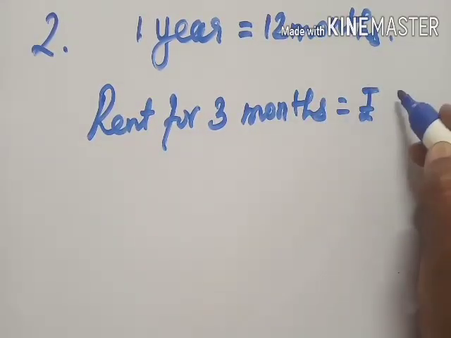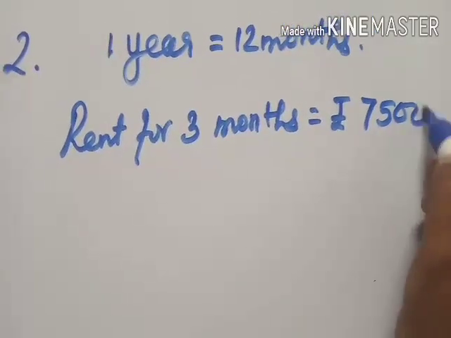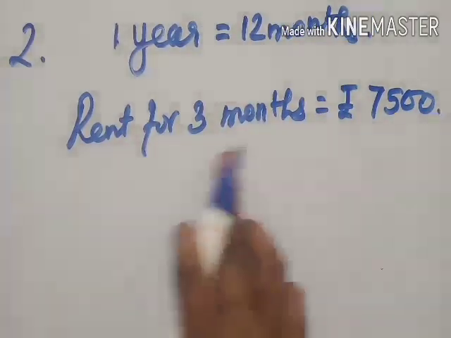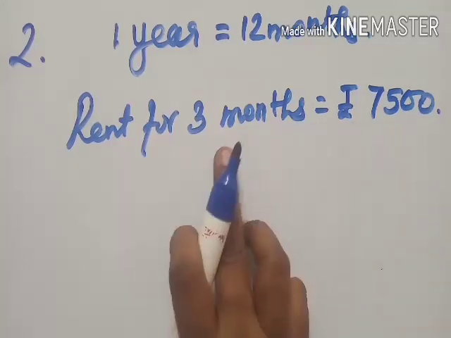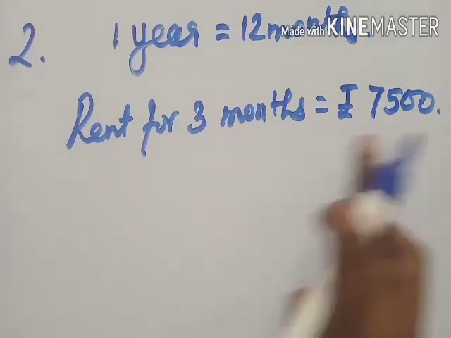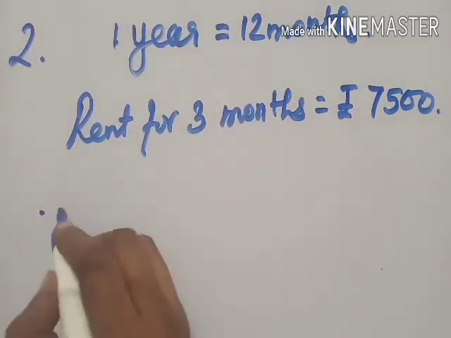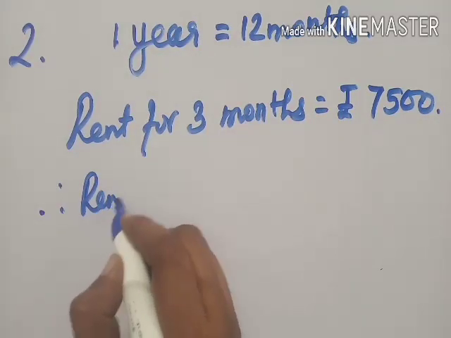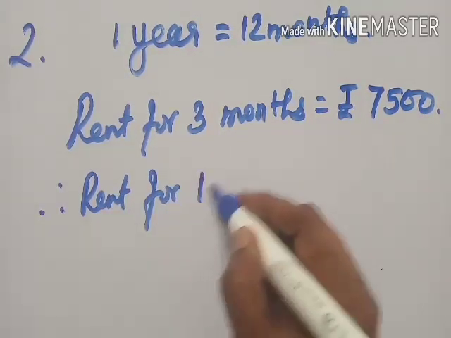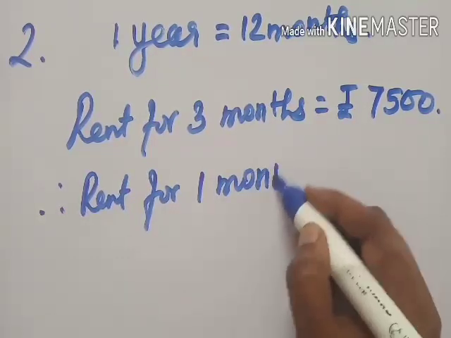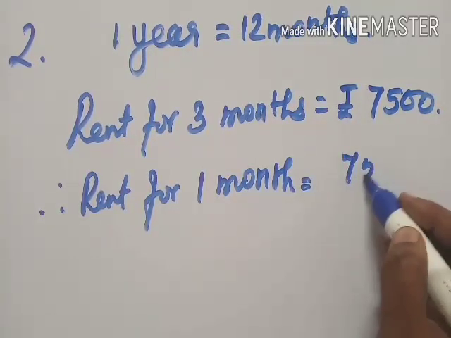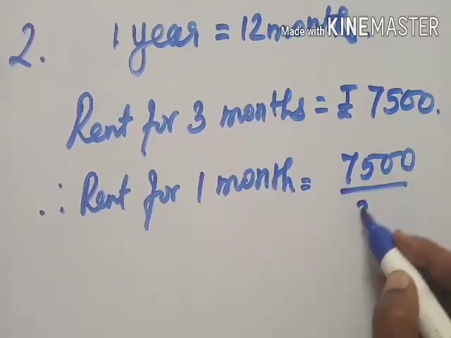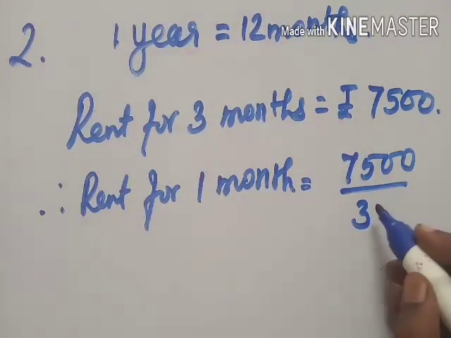Rupees 7,500. Yes. For 3 months rent is 7,500. From this I am going to find out rent for 1 month. Therefore, rent for 1 month is equal to 7,500 divided by 3.